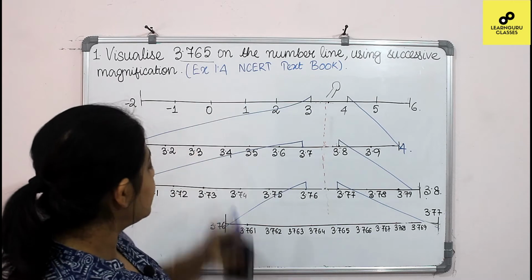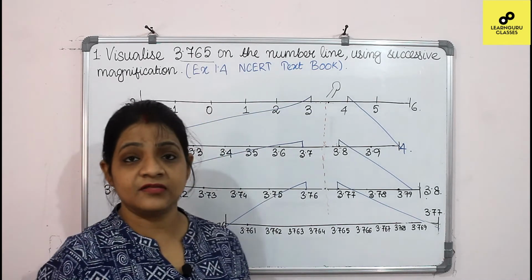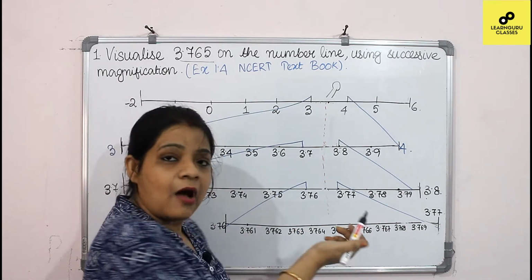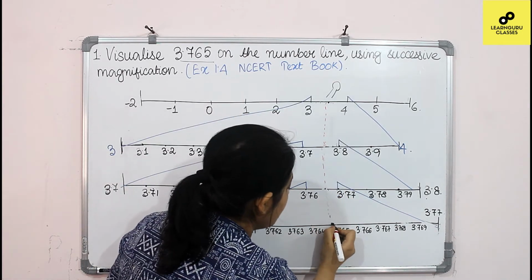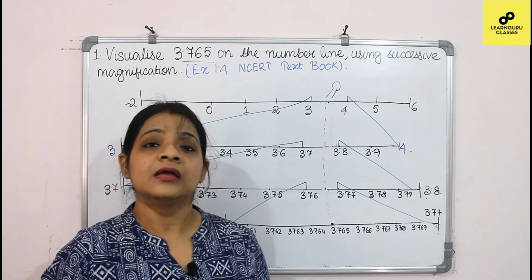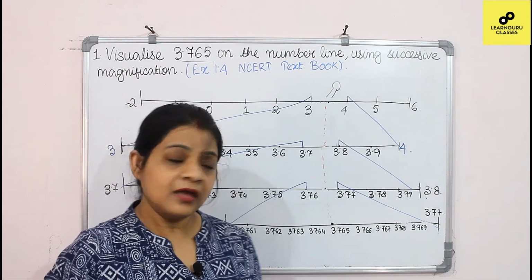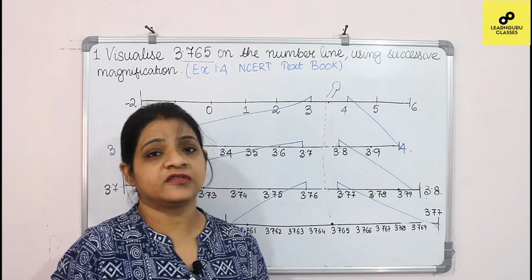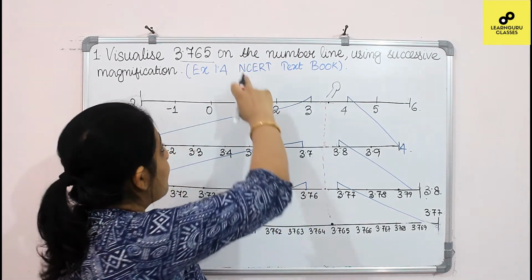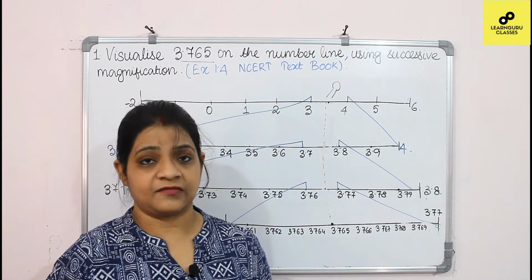So what is the number given to you? 3.765. Now it is clear to you that 3.765 will lie somewhere here. So here now you are getting the exact position of the decimal number 3.765.